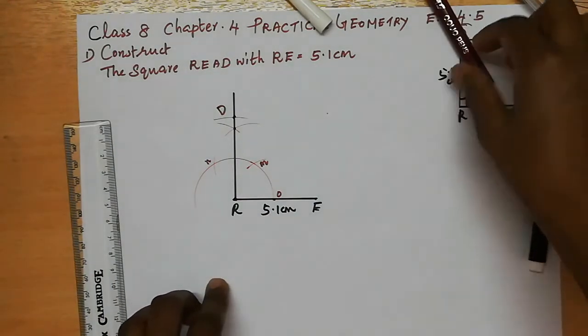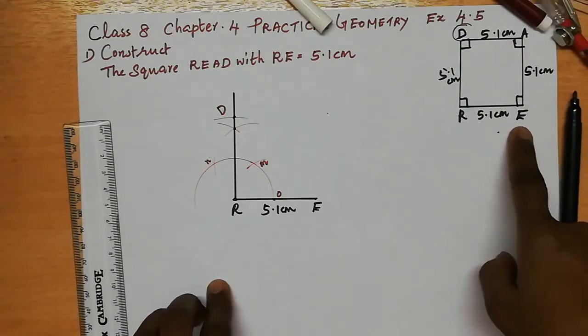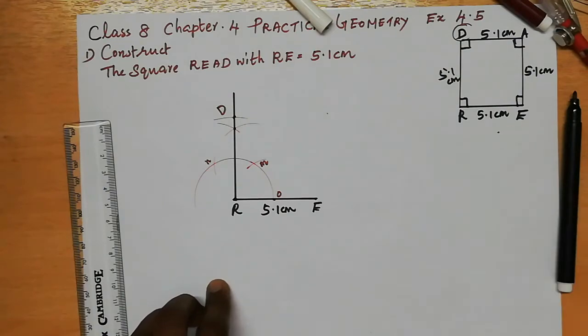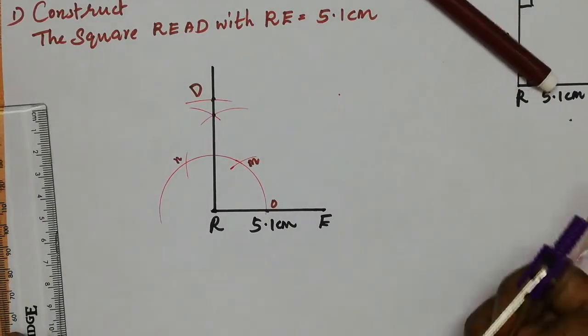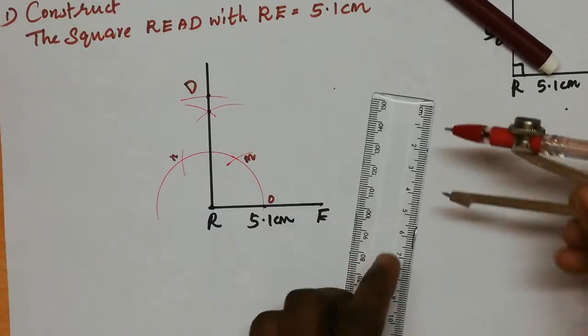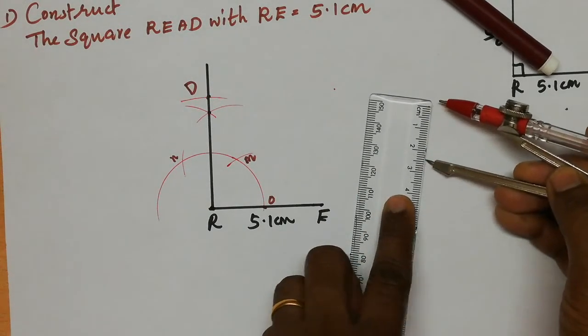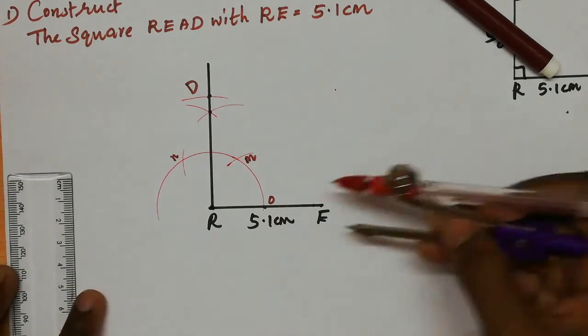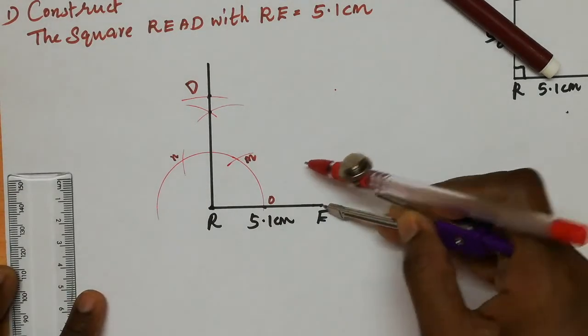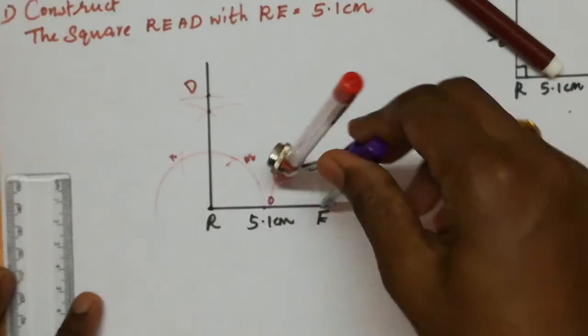Look at the rough figure. Angle E, we should construct angle E 90 degree. Now again we have to take a small radius. Then pointing at E, make one semicircle.